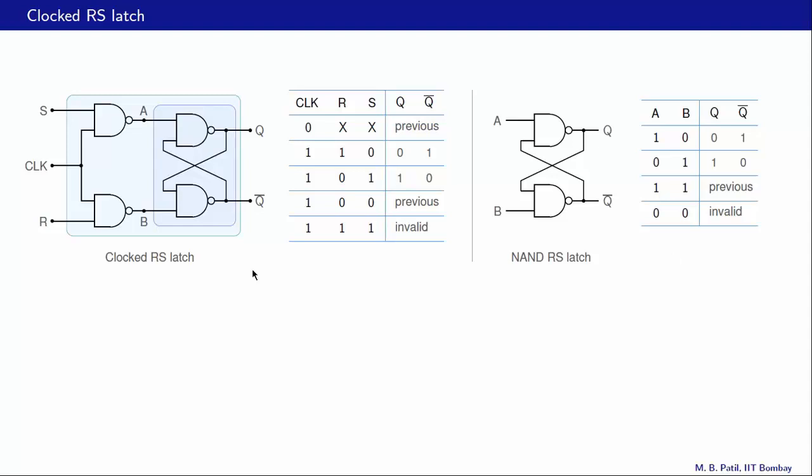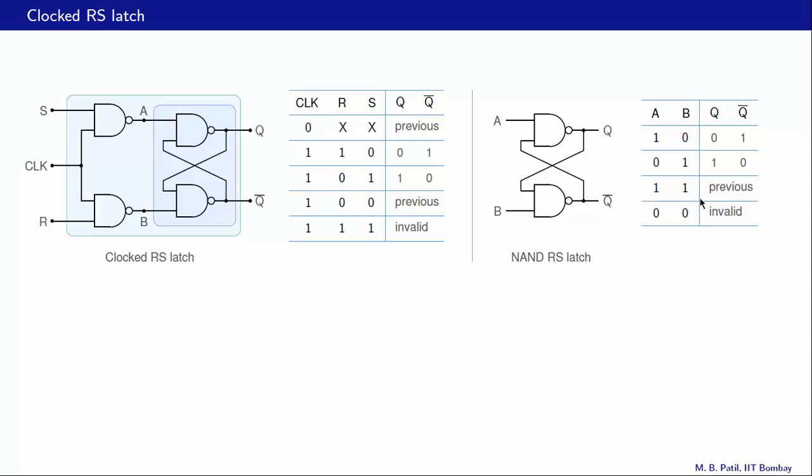Let us now look at the clocked latch with clock equal to 0. If clock is 0, then A would be 1, B also would be 1, and that is irrespective of S and R. That means S and R are don't care conditions in this case. Now if A and B are 1, then we are referring to this row here.